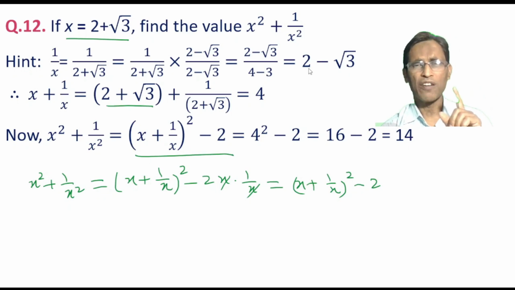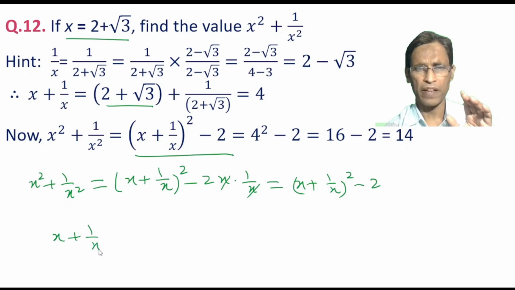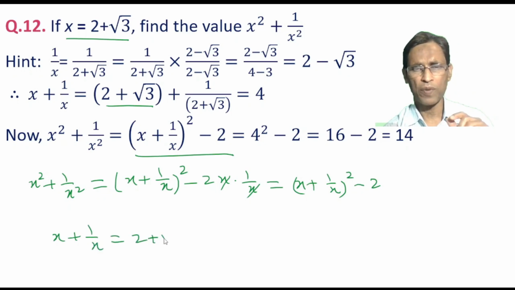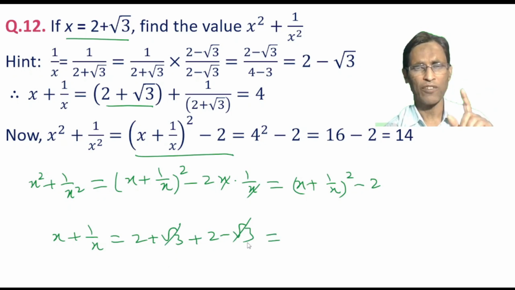And so by using this we can find the value of x square plus 1 by x square. Now by using the values 2 minus root 3 and 2 plus root 3 we can find the value of x plus 1 by x as 2 plus root 3 plus 2 minus root 3. Clearly minus root 3 and plus root 3 cancel, and so we have only 2 plus 2, that is 4.